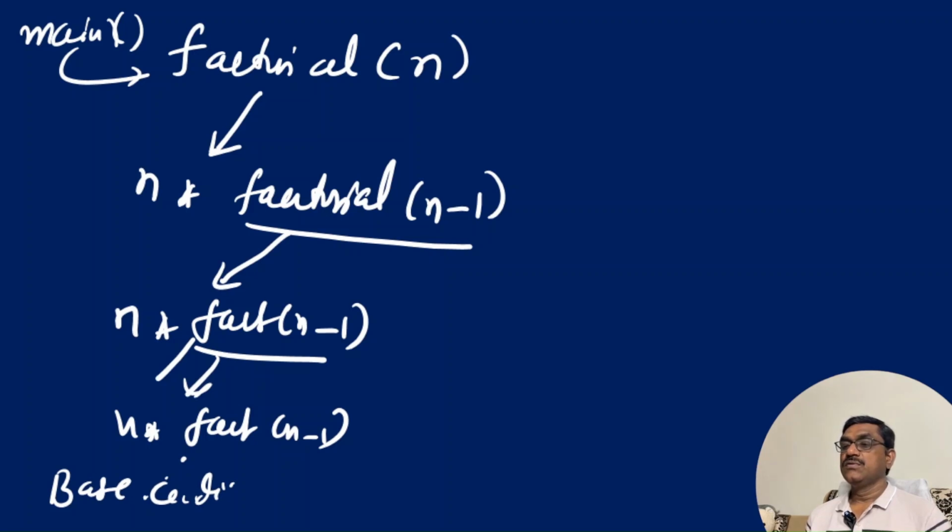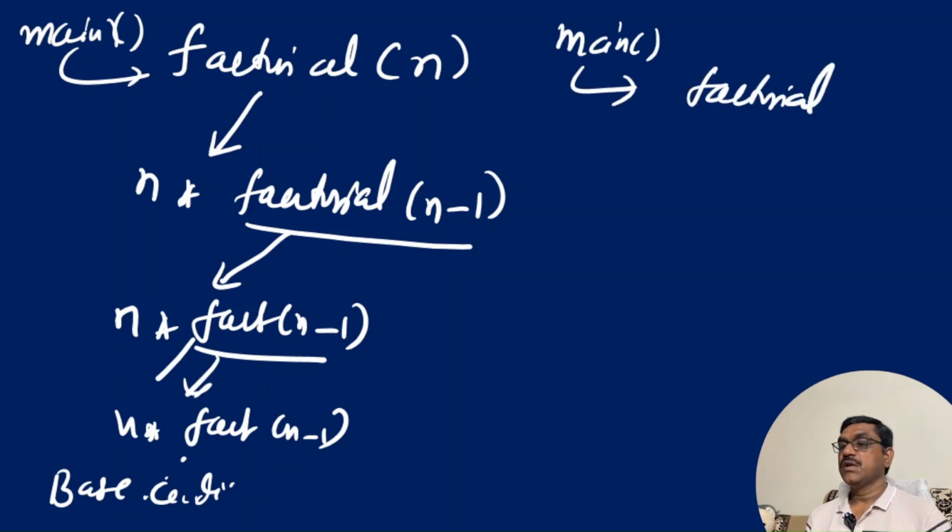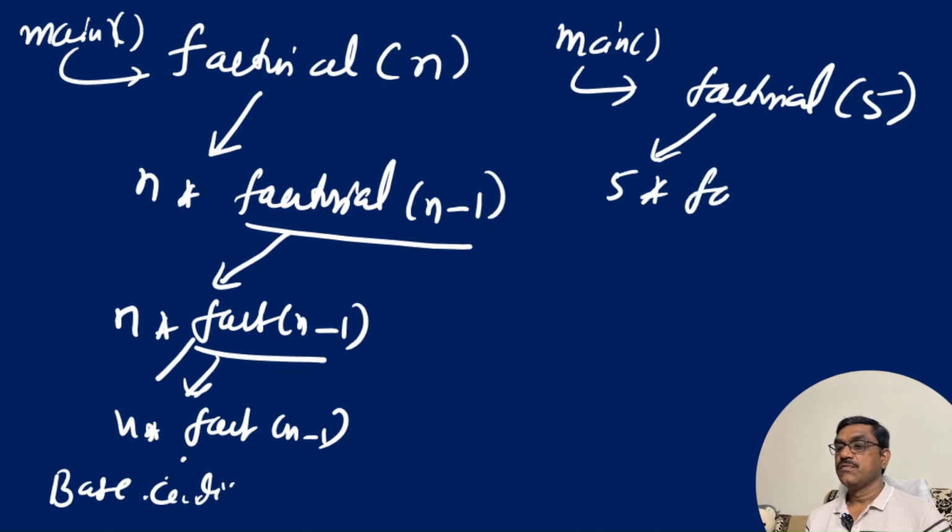Now I will give the example like this. Main is going to call the factorial, and I'm giving the input as 5. We know that factorial of 5 is 120. How is it executed? Main is calling factorial. The factorial is going to evaluate like this: 5 into factorial of how much? n minus 1 means 4.